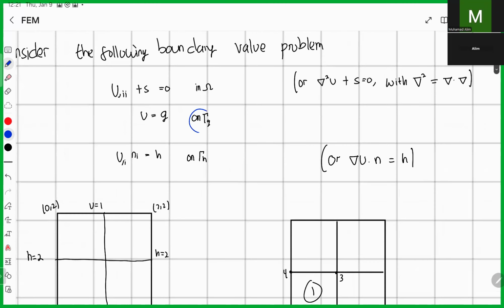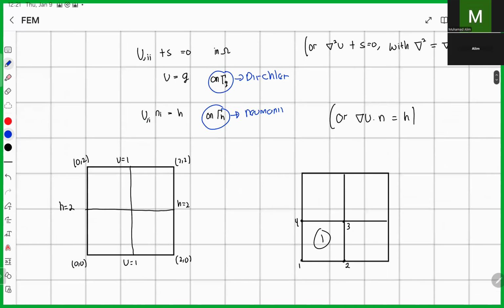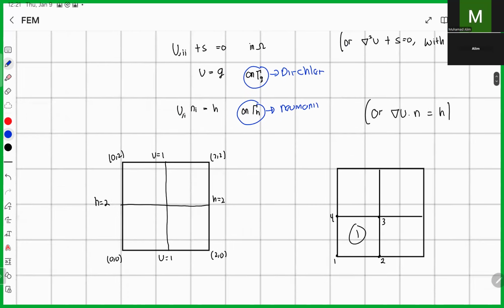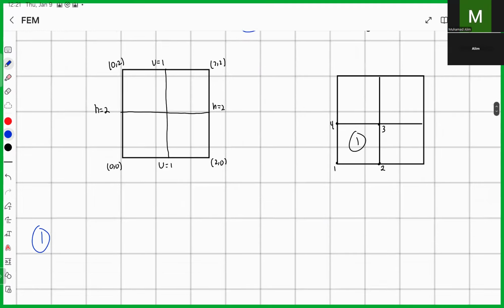So this is for Dirichlet. And here you have h for Neumann boundary conditions. And we're going to use this later when we apply the divergence theorem.